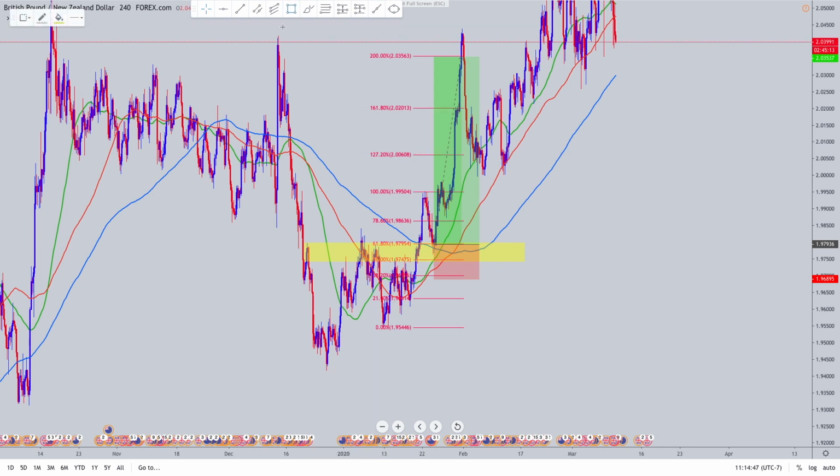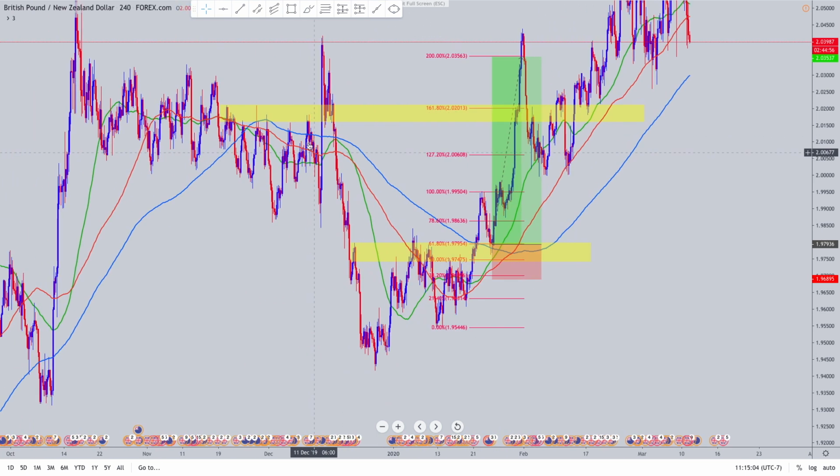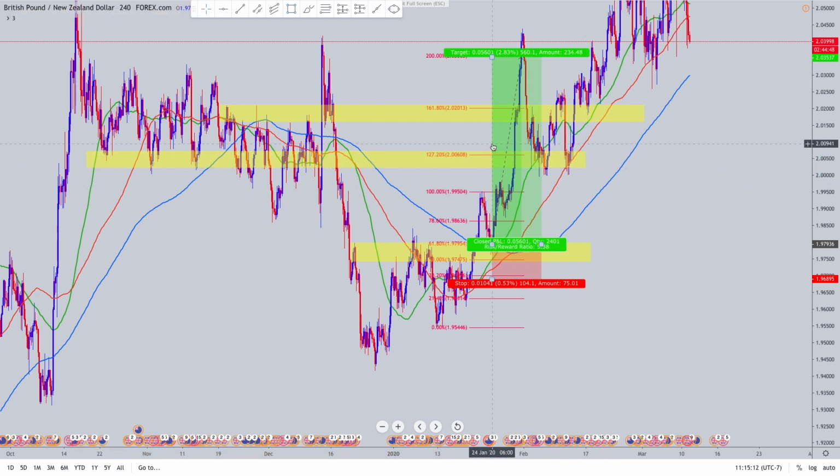So like here we can see we have a nice area of resistance, which sort of matches up with the 61.8, maybe a little bit sooner. So this would be a nice TP. I guess here we could see we have a level of support, so that would also be a nice first TP.